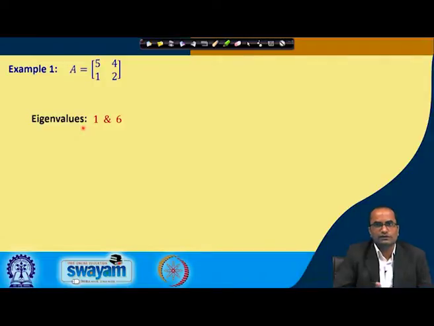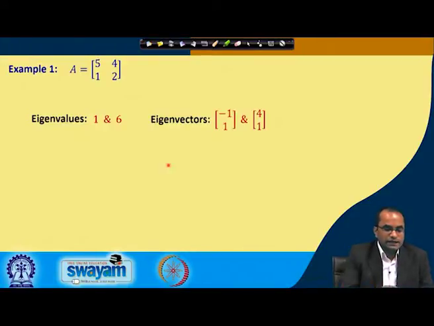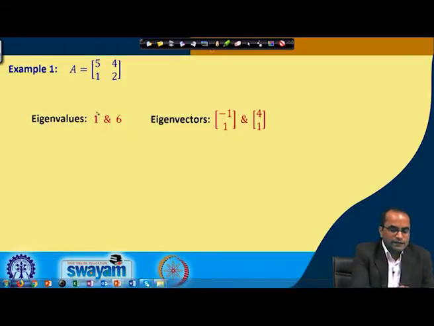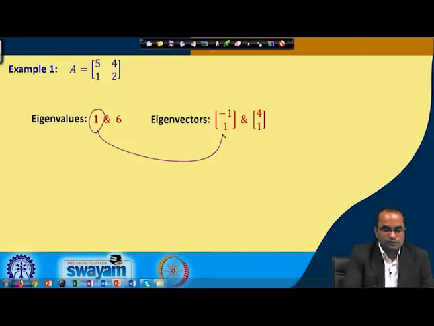So, we will get 2 linearly independent eigenvectors, and then we can diagonalize this matrix. Here the eigenvector corresponding to 1 will be coming as minus 1, 1, and corresponding to 6 we will get 4, 1.